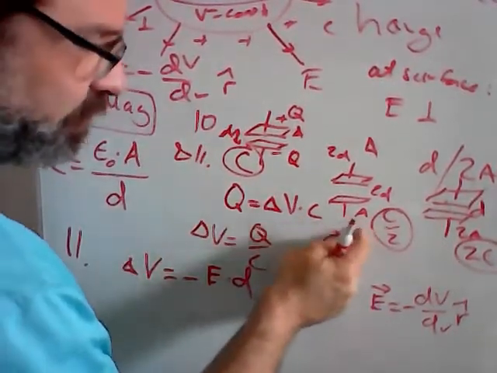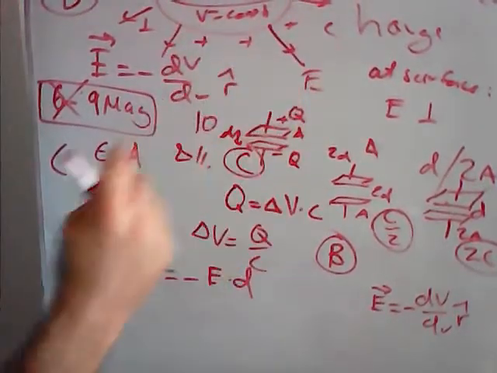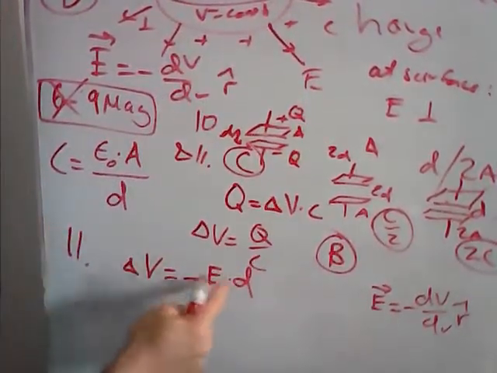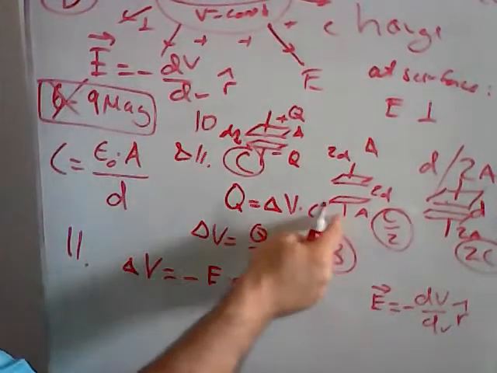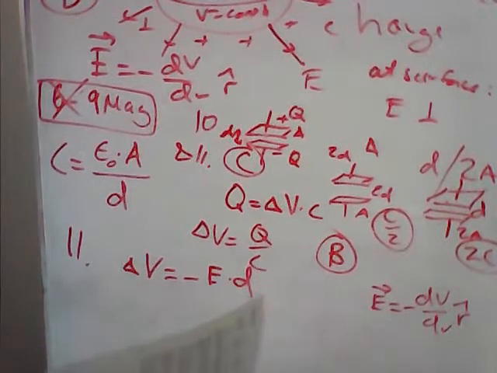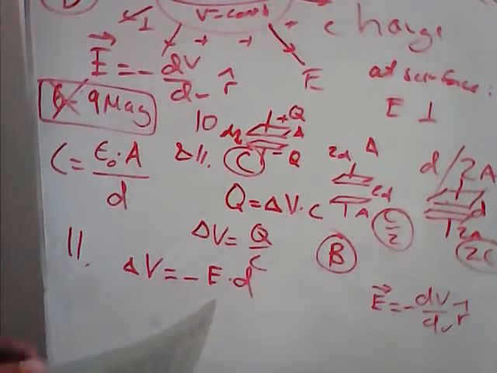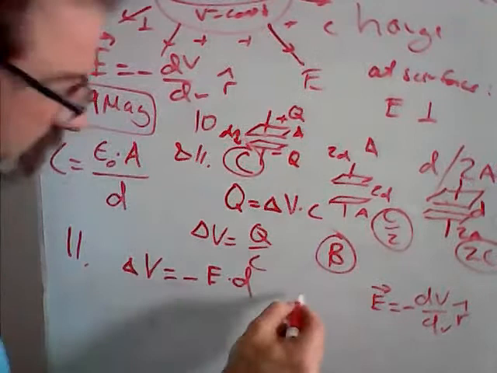And for situation 2, because the distance is 2D, it has half the electric field of 3 and 1. So it is the same for 1 and 3 and least for 2. That's answer D, and that is correct.